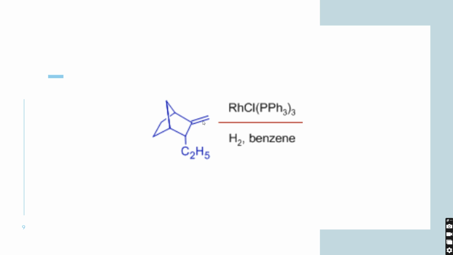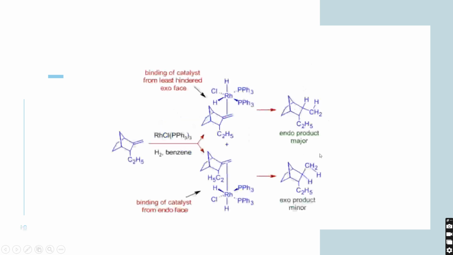So let us look at the steric factors which will play a major role in the formation of the major product. Let us see how these two kinds of products are forming and how one of these will be the major one.